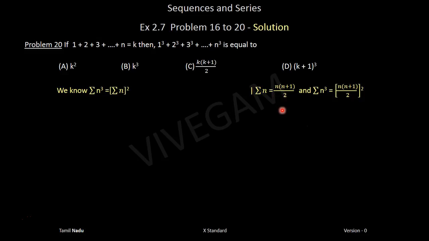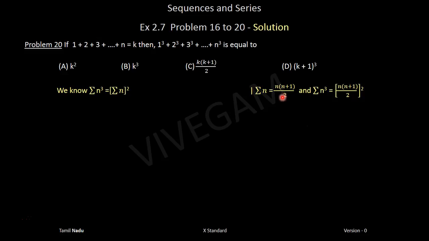Sigma n equals n into n plus 1 by 2, and sigma of n cube, that is 1 cube plus 2 cube plus 3 cube, is n into n plus 1 by 2 the whole square. But in this case, what have they given for sigma n? They have given that it is equal to k.